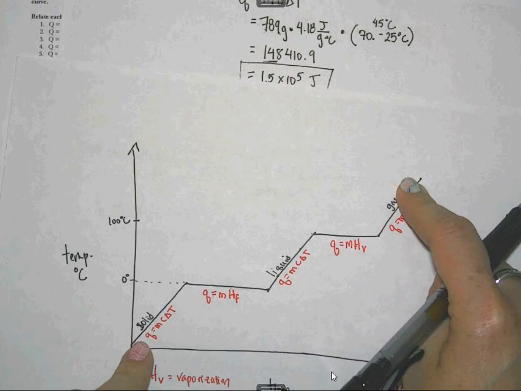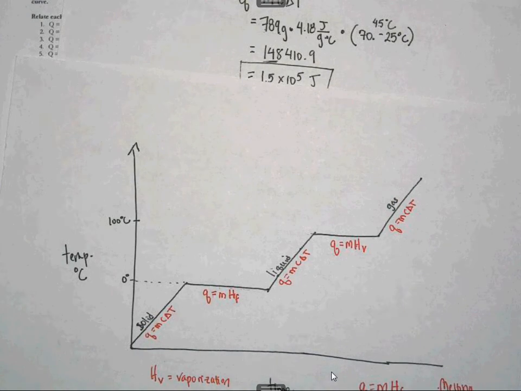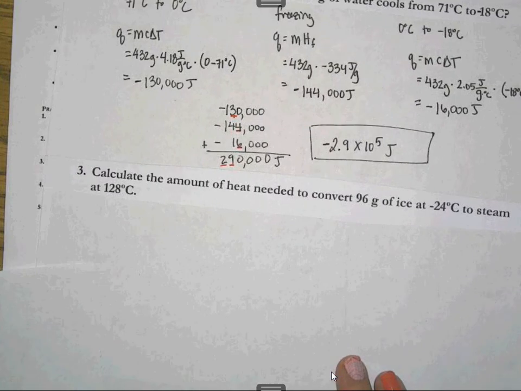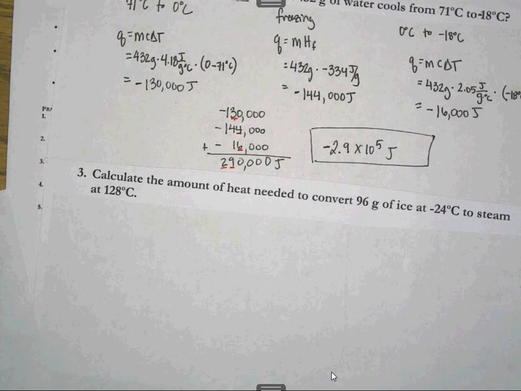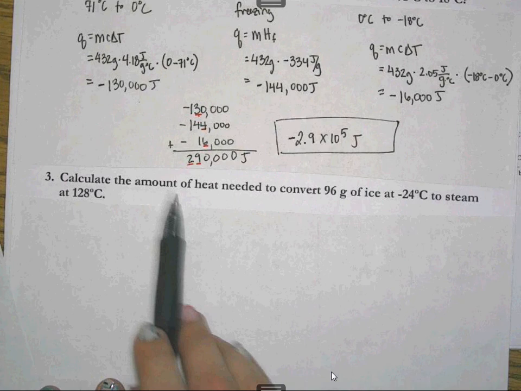And my temperature change on this one is going to be negative 18 minus 0. And that's right, because again, it'll give me a negative value, and I should. I'll have 2 sig figs again, so that's going to be negative 16,000 joules.